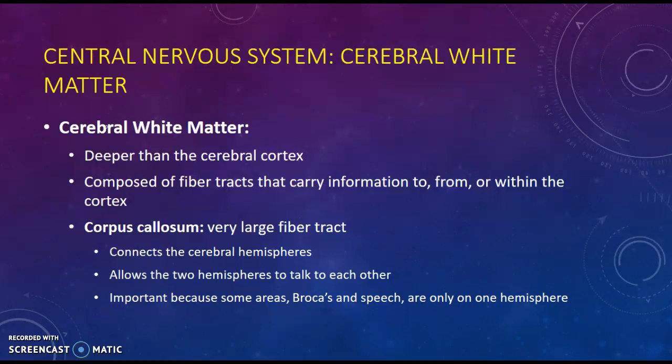And a huge, huge, huge fiber tract is called the corpus callosum. And this is really important because it literally allows your right and left cerebral hemisphere to communicate. And this is really important because sometimes you only have certain areas on one side of the brain. For example, your Broca's area and your speech area only lie on one hemisphere.